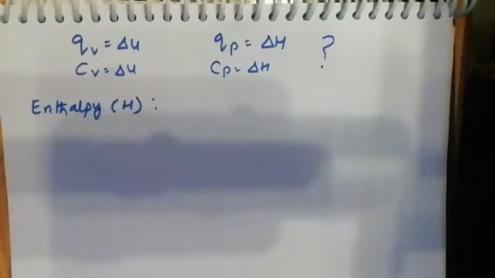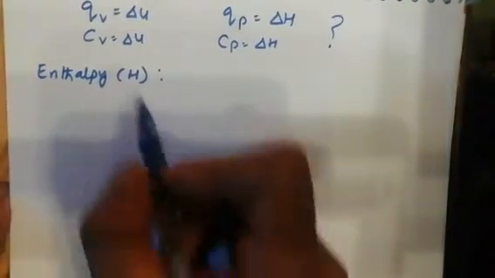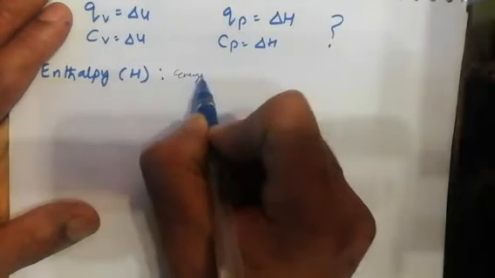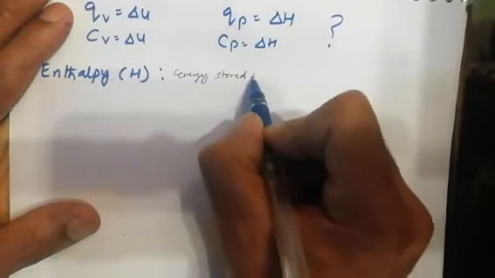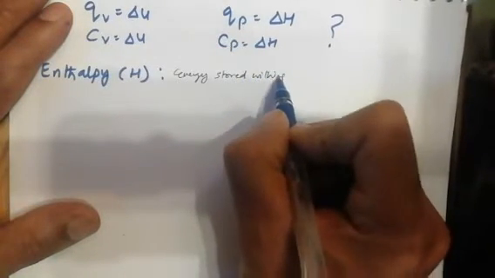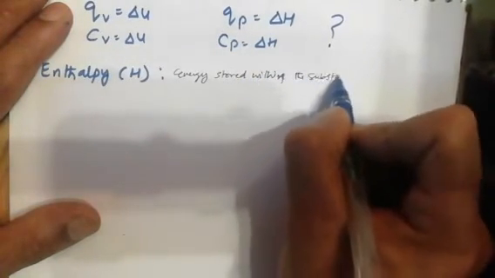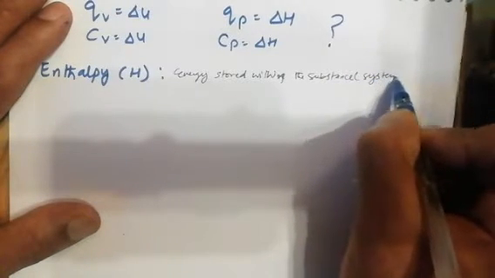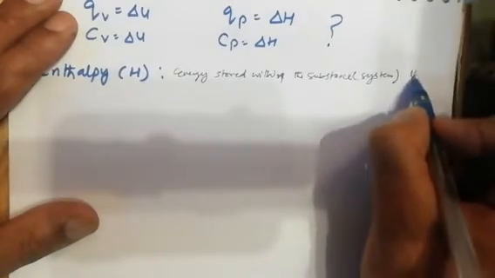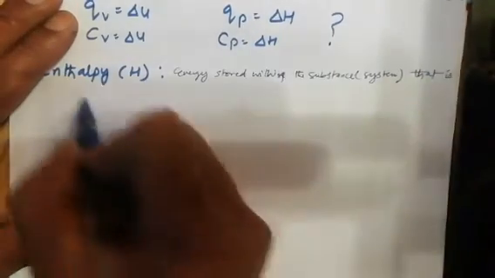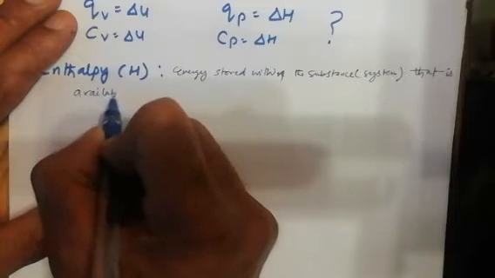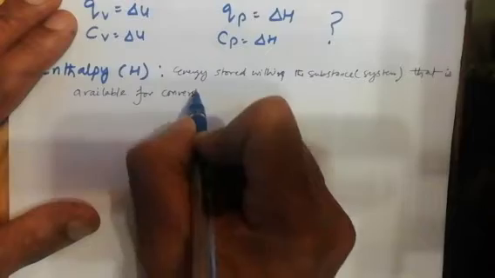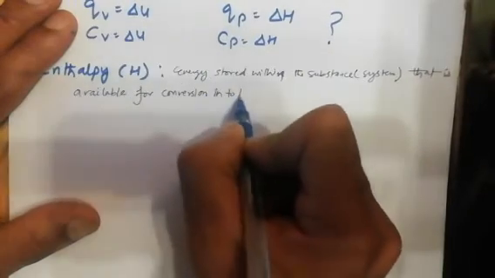Basically, what is enthalpy? It is the energy stored within the substance or the system, I can say, because you are understanding the substance as a system in this particular chapter, that is available for conversion into heat.